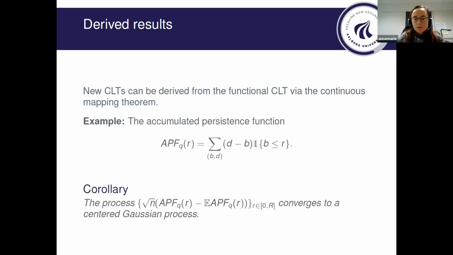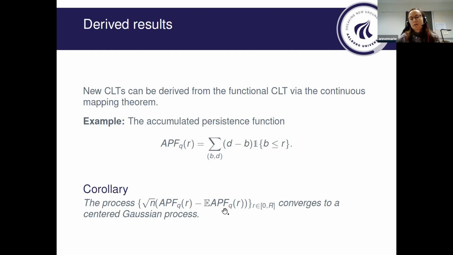And for instance, I showed you this accumulated persistence function before, where you sum all the lifetimes up to a specific birth time r and consider this a function of r. So this is now a one-dimensional function, and you can get a new central limit theorem out for this.